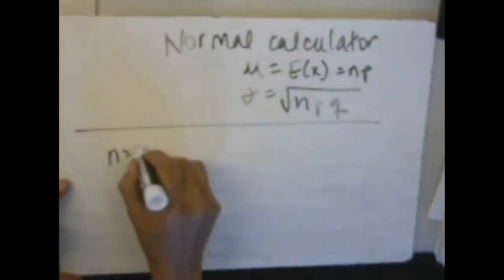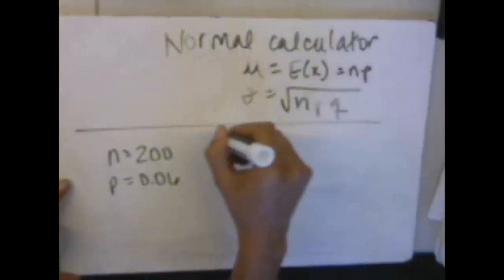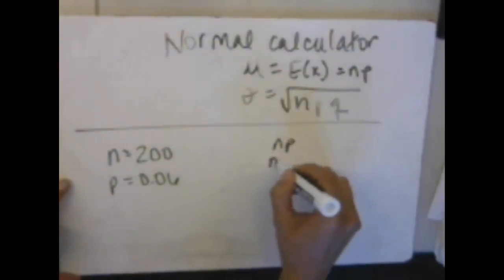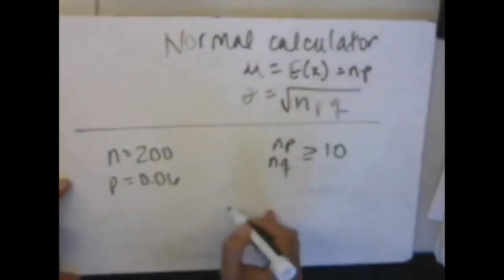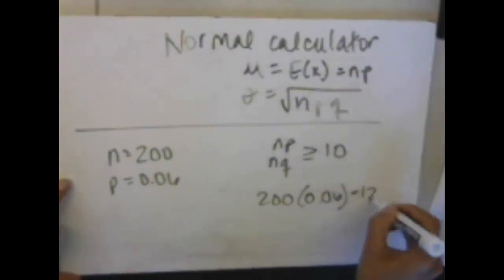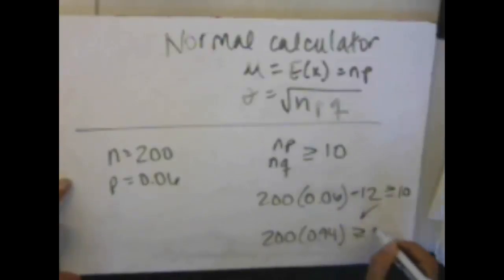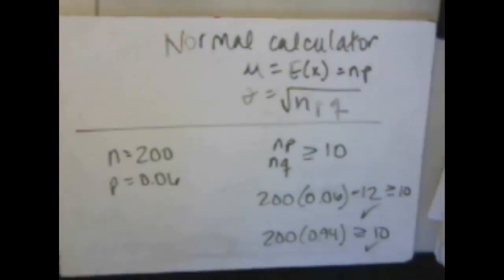For example, if we have n equals 200, p equals 0.06, let me make sure that our np and nq are greater than or equal to 10. np is 200 times 0.06. That's 12, which is greater than or equal to 10. We're good there. 200 times 0.94 is definitely greater than or equal to 10, so we're good there. All right, so we can use the normal approximation.